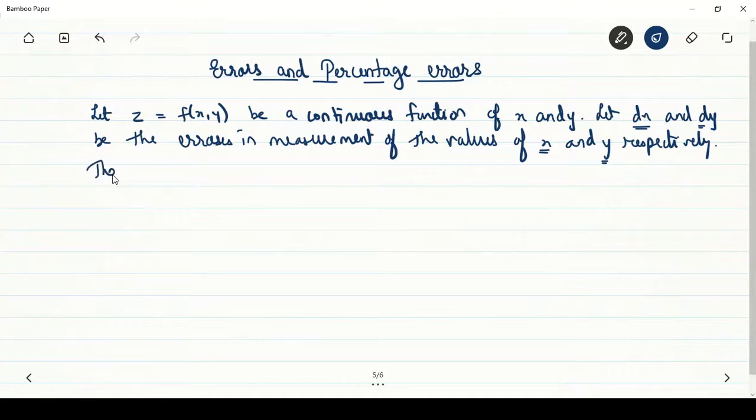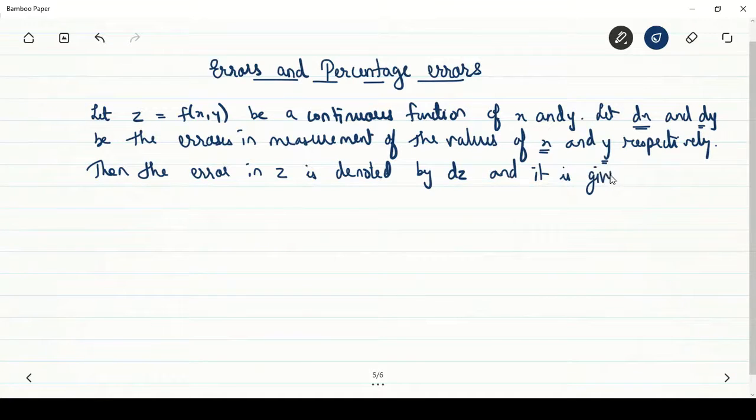Then the error in z is denoted by dz, and it is given as dz = (∂f/∂x) dx + (∂f/∂y) dy, where ∂f/∂x is the partial derivative of f with respect to x, and ∂f/∂y is the partial derivative of f with respect to y.